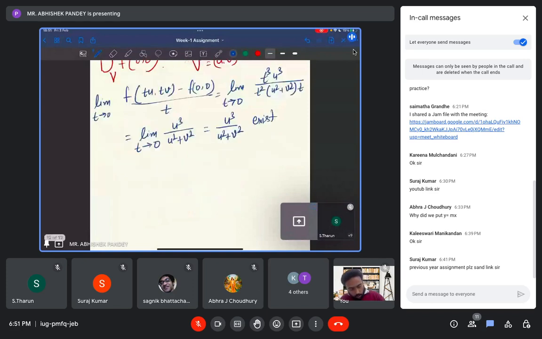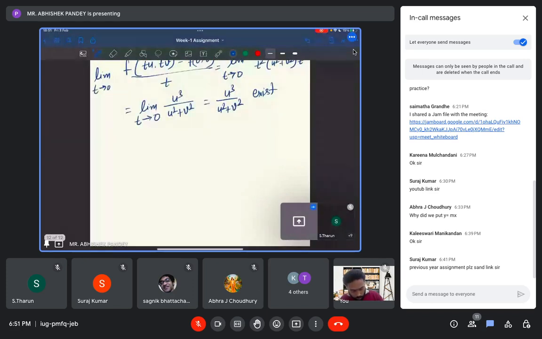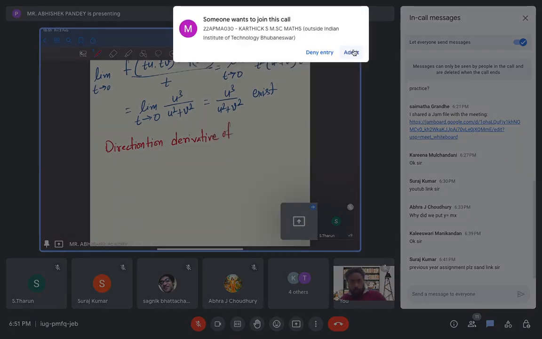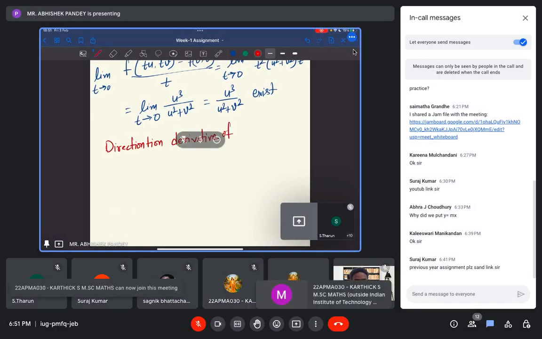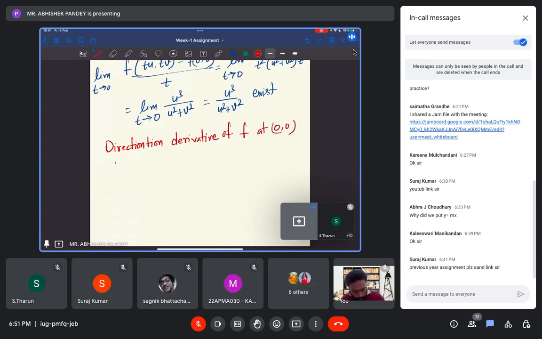So what is the conclusion? The directional derivative of f at 0 comma 0 in every direction exists.